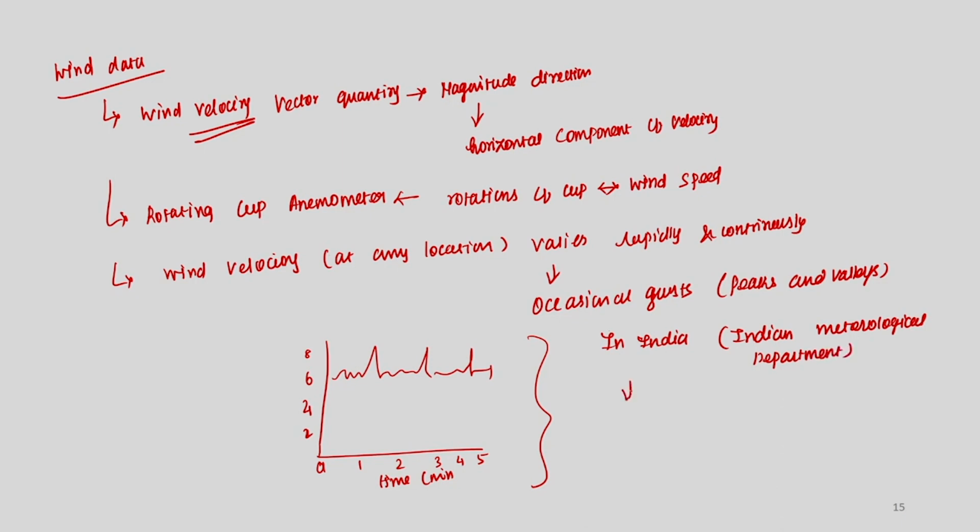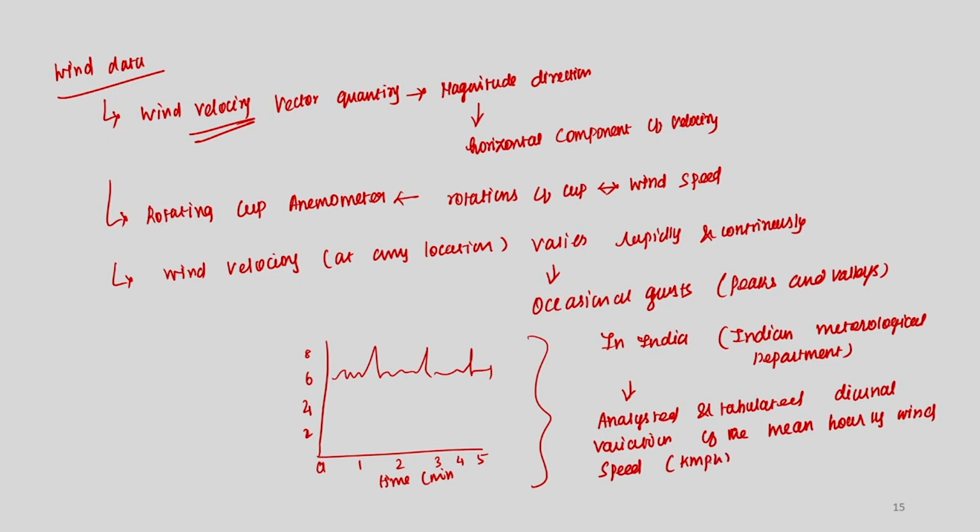This can be further analyzed and tabulated as a diurnal variation of the mean hourly wind speed, in kilometers per hour, for monthly data, or you can get yearly as well.